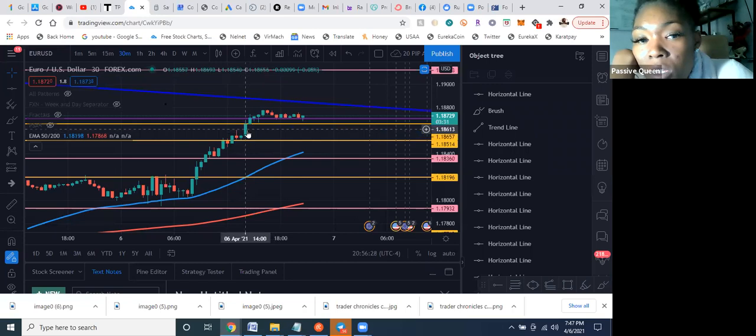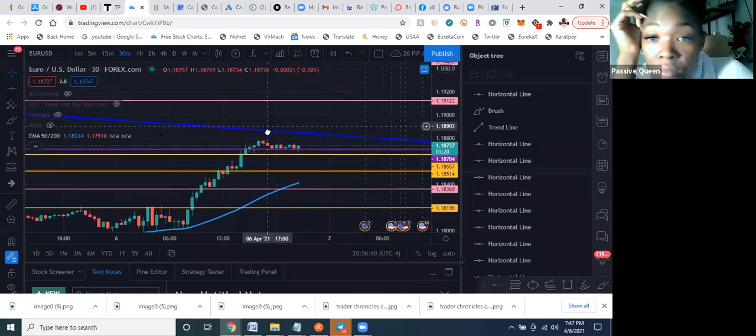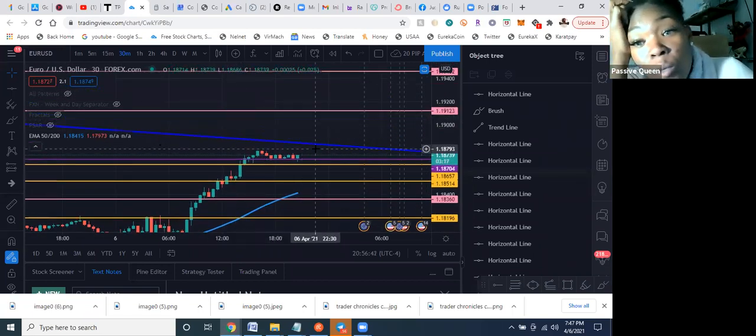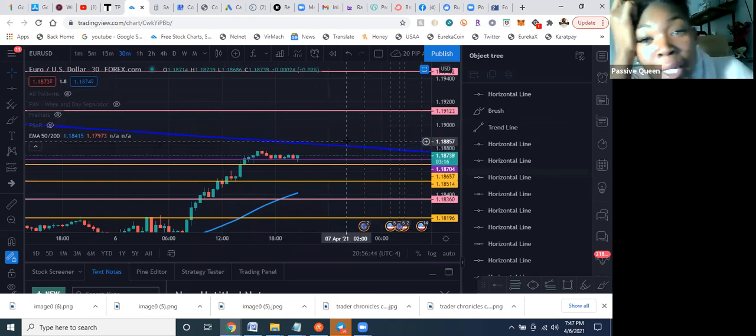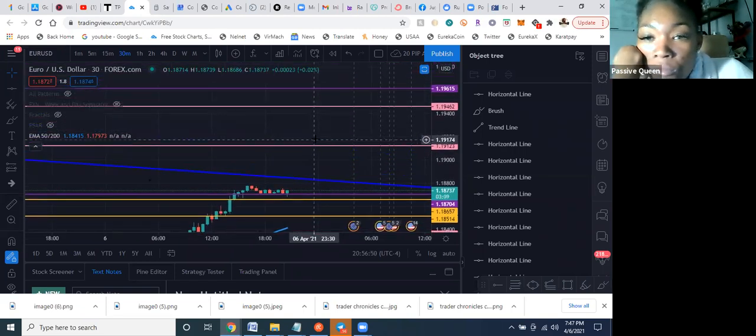My stop loss will be 1.18631. My TP1 will be 1.19123. My TP2 will be 1.19462.